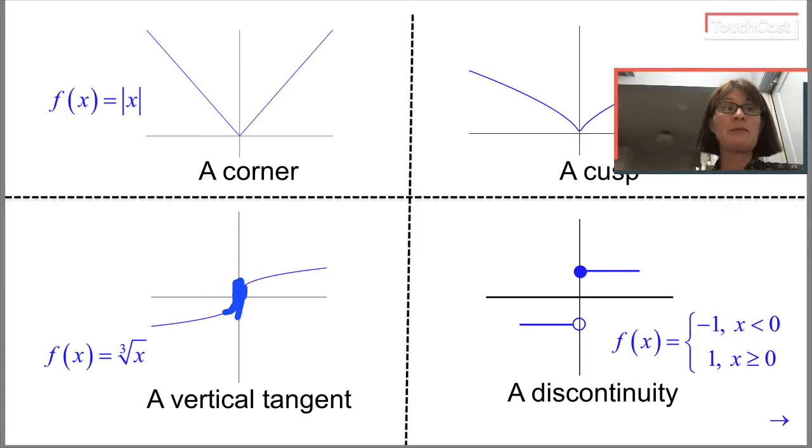And the big one, maybe the most important part of all: you can't find the derivative of a function at a place where it is not continuous. So if you know there's a discontinuity in your function, you have to be careful about not accidentally trying to find the derivative there. So you should have a sketch of each of these four possibilities in your notes paper now.